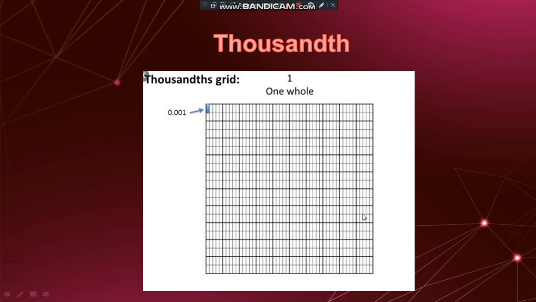Same goes for thousandth. It means 1 part of 1000. As you can see, there are 1000 small grids and only one part is shaded. It will be written as 1 upon 1000.